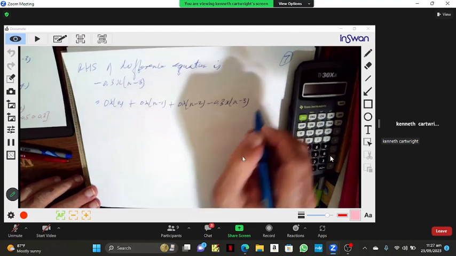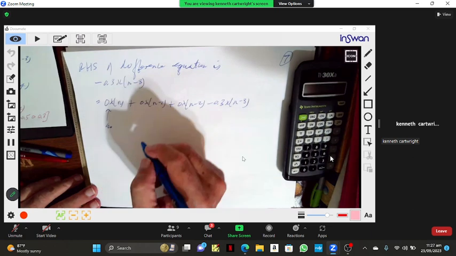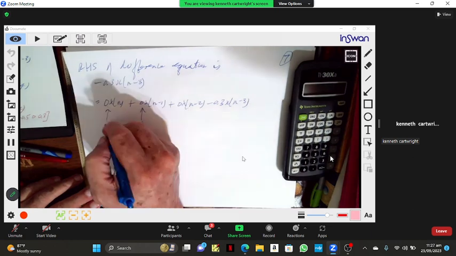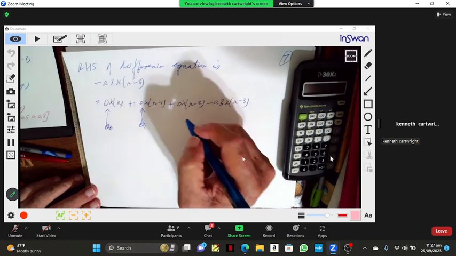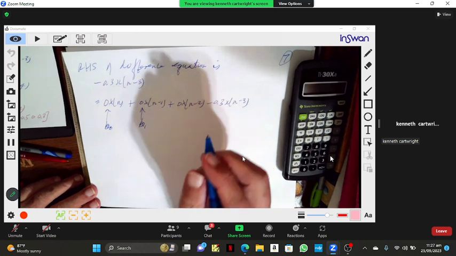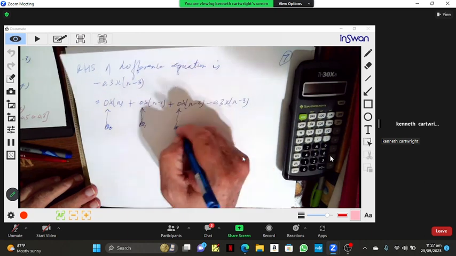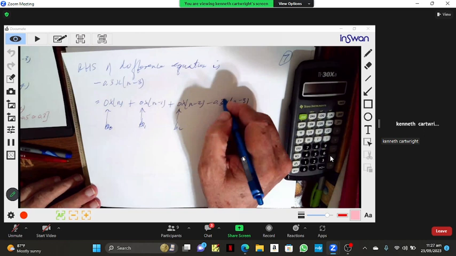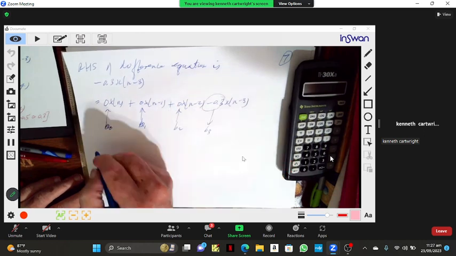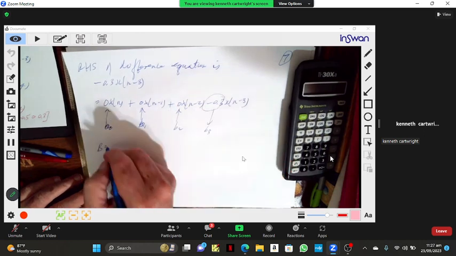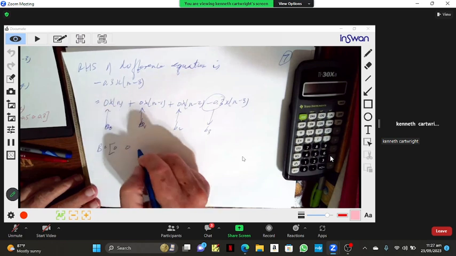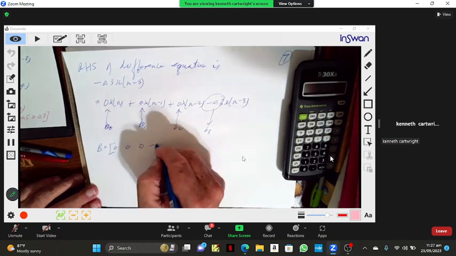This is B0, B1, B2, B3. So the B vector is 0, 0, 0, negative 0.3.